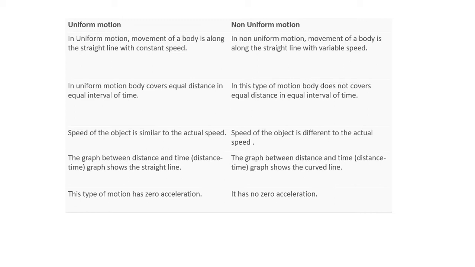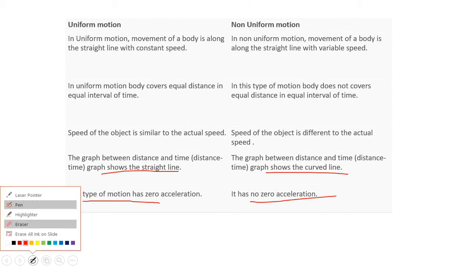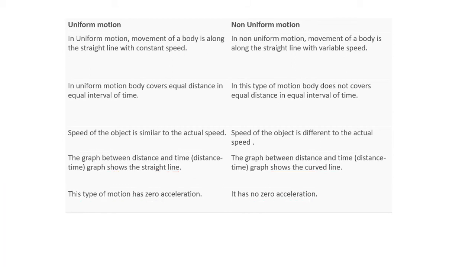Next, in uniform motion the graph between distance and time is a straight line. Okay, and in non-uniform motion, the graph shows a curved line. In this type of motion, there is no acceleration. It has zero acceleration. The acceleration I will explain to you in the next lecture. So I think you understand the difference between uniform motion and non-uniform motion.